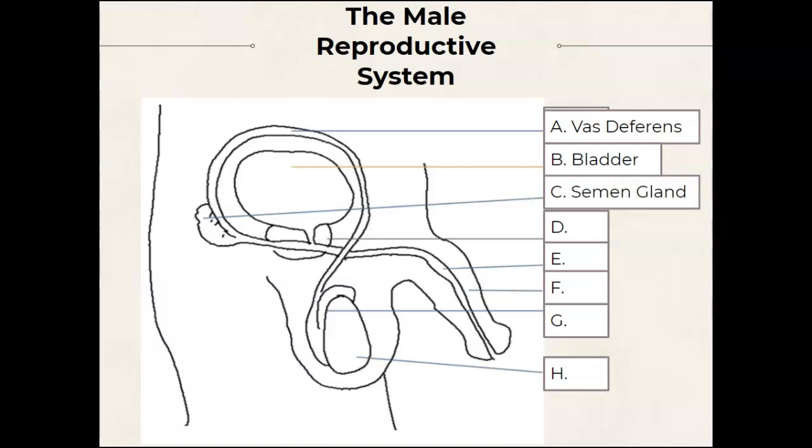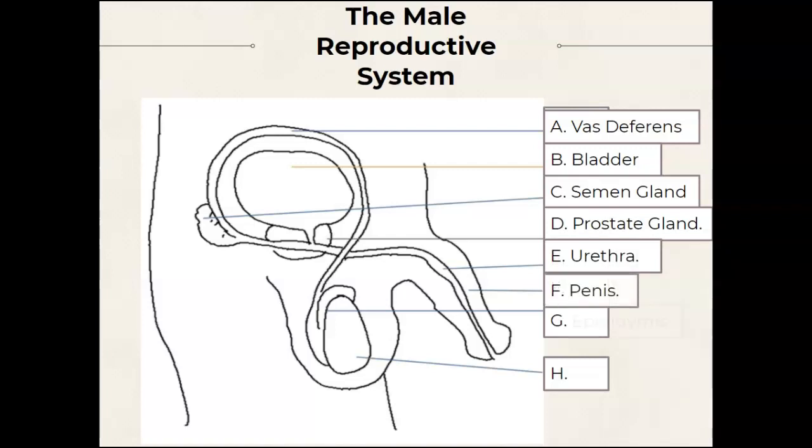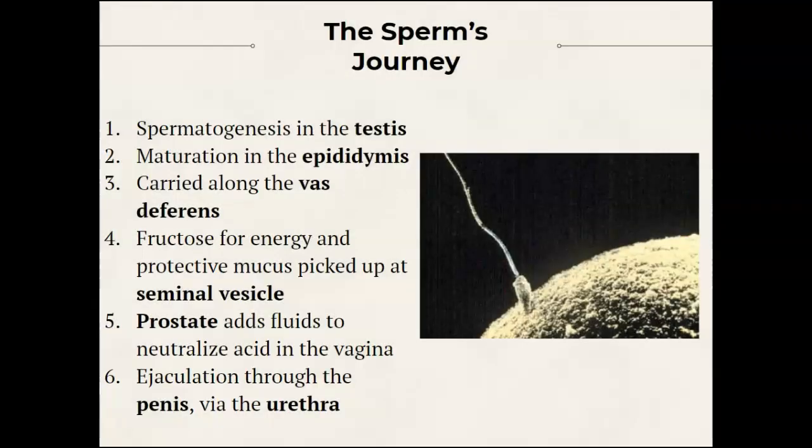Semen gland in the back, prostate gland underneath the bladder, the urethra, which leads out to the outside of the body, the penis, the epididymis, which is on top, it's around the testes. So you should be able to draw and label that picture. Sorry, I moved too fast.